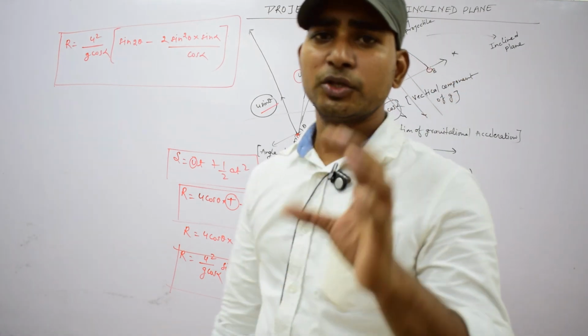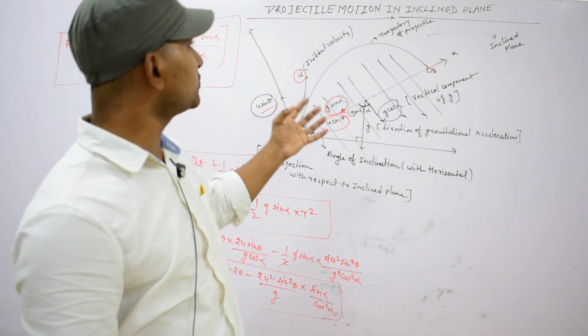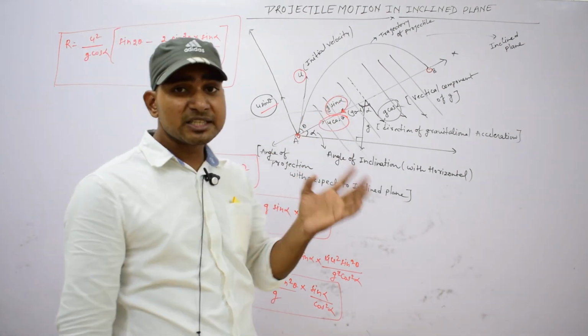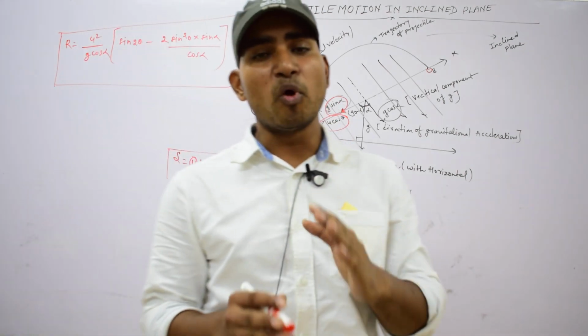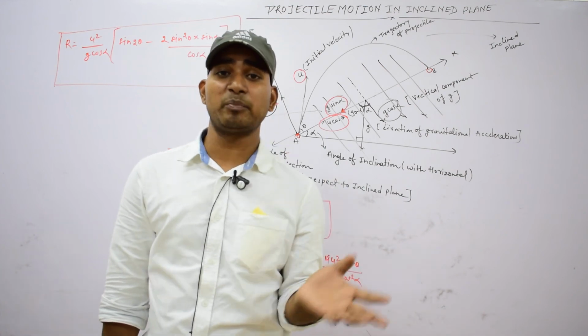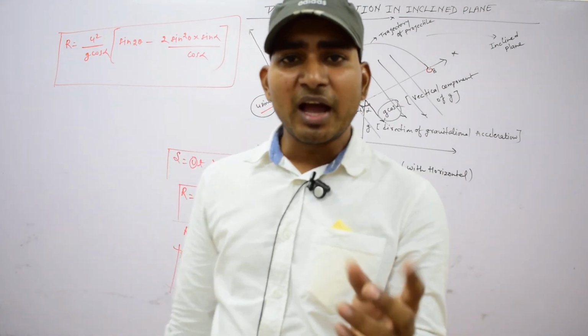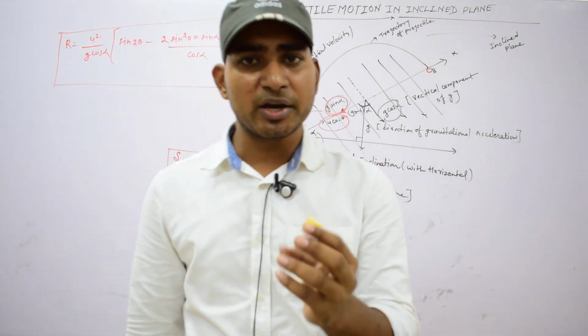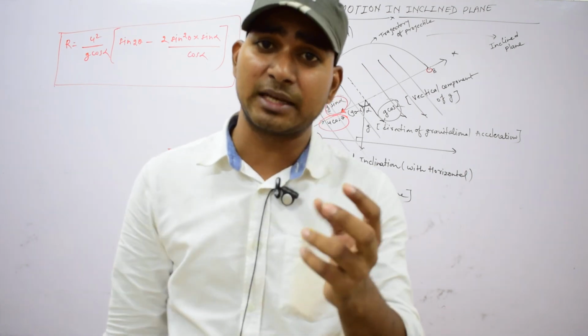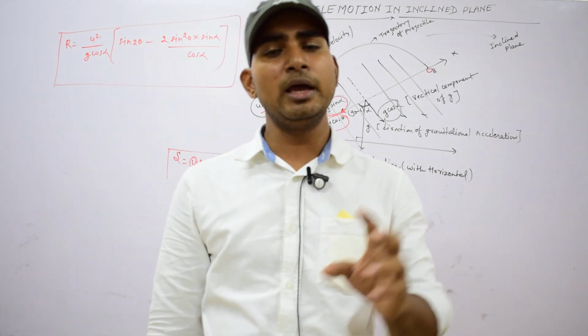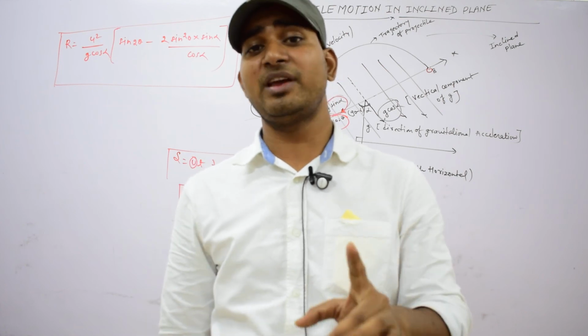The importance of this projectile motion is that this is a special case in which the body is moving on an inclined plane. So there we have to use the resolved components of gravitational acceleration. This is the only important thing, the rest will remain the same as we have studied.